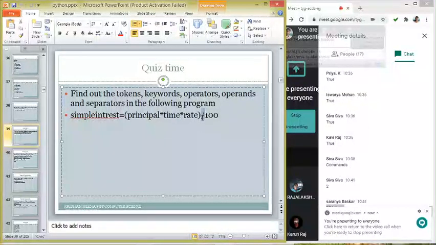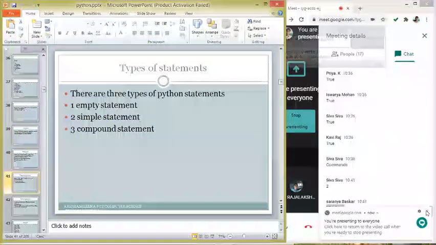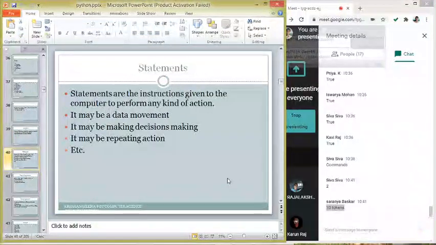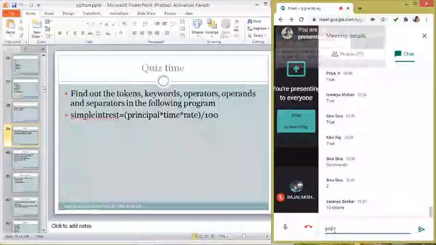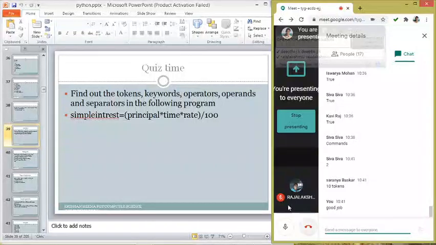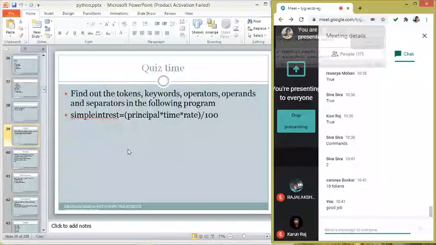Divide is 9. And 100 is 10. Good job by Saranya. So like that you have to be present in the classroom, and if you are present in the classroom, definitely you will give the correct answer.